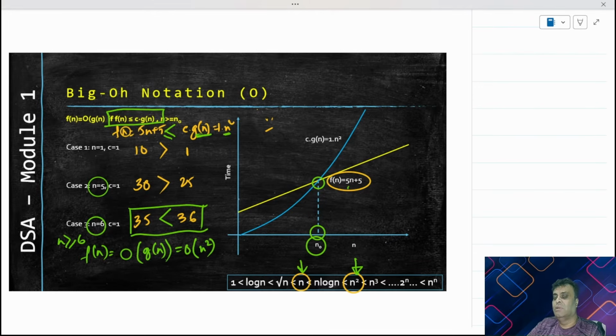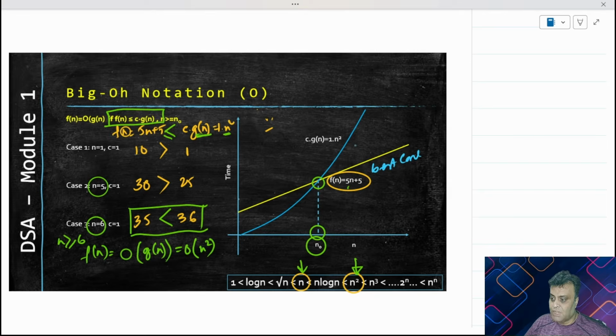Again, I will recap that this function may itself be a worst case. This function may itself be a best case. We don't know who produced this function. When we calculated this function, we probably took all the best case scenarios and calculated it as 5n plus 5. Then we can say that this is my best case function.